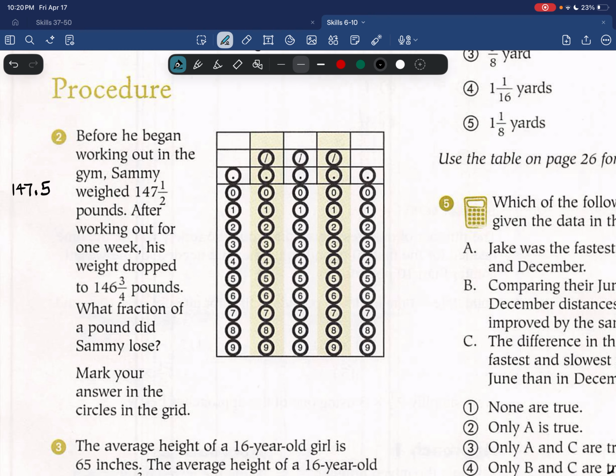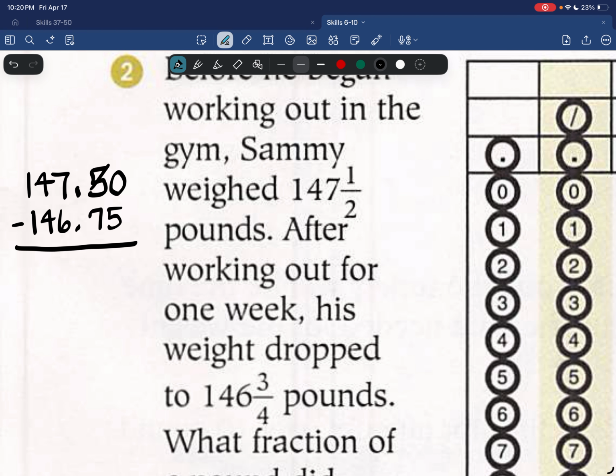He's losing weight, so that's subtraction. 146.75. Put a 0 in there. And then you can subtract without using fractions. I'm going to do it the other way because I'm supposed to. But I want you to know that this way will work as well. So he lost 3/4 of a pound.